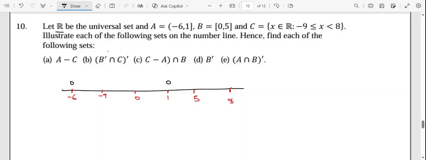By the way, in A, is the 6 closed or open? What about at 1? So you cross like that, then you shade like that. Okay, so that is A. Is that okay? So then coming to B, B is at 0, right? In fact, it is shaded. I've even done that, even at 5, right?